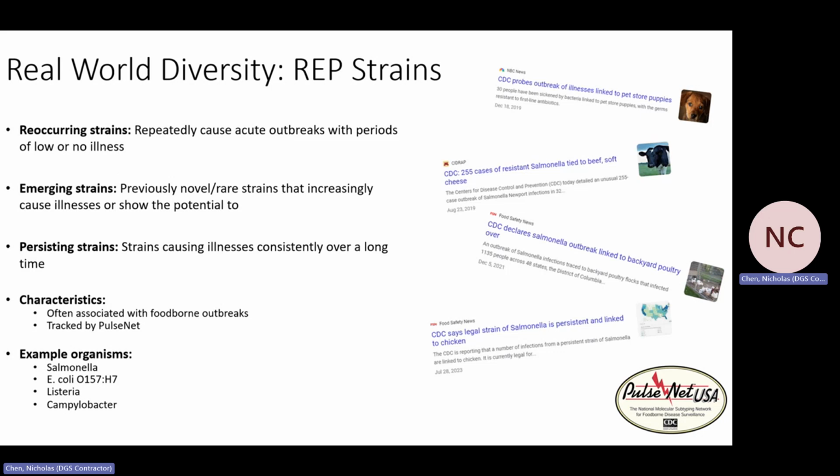Whereas with SARS-CoV-2, we saw a single virus that diversified into variants with distinct phenotypic and epidemiologic characteristics. Here we have a diverse set of organisms, including Salmonella, E. coli 0157, Listeria, and Campylobacter, that are associated with similar etiologies, transmission routes, and symptomologies.